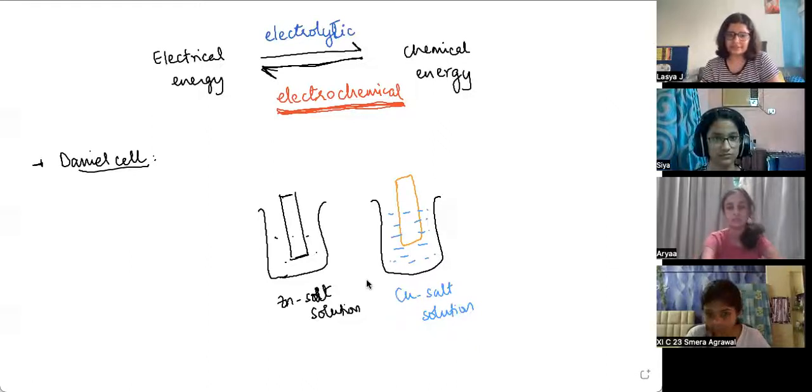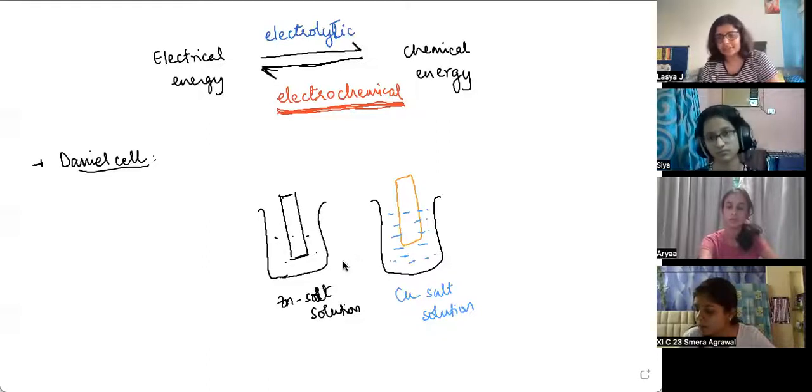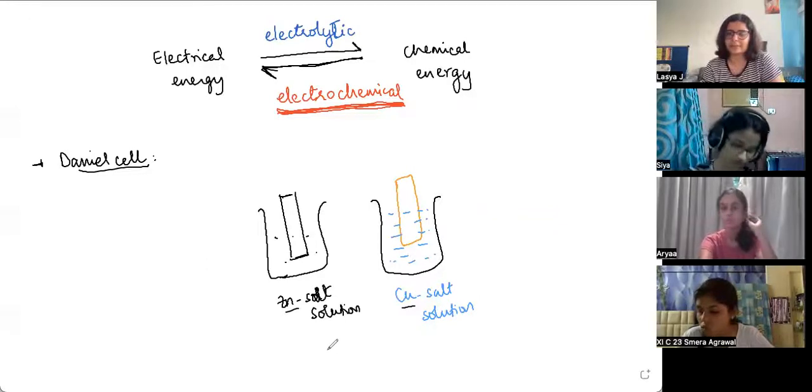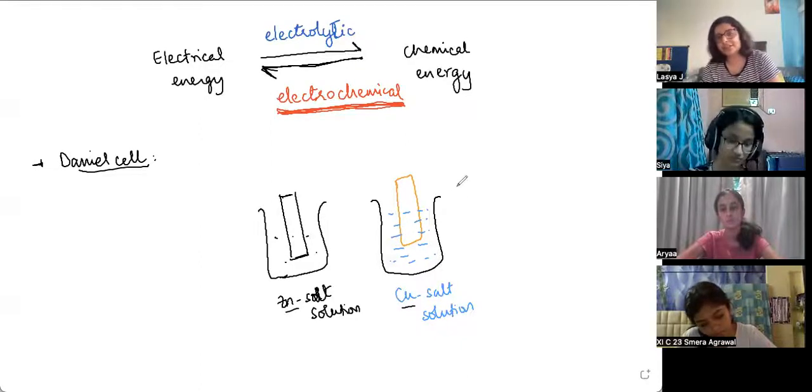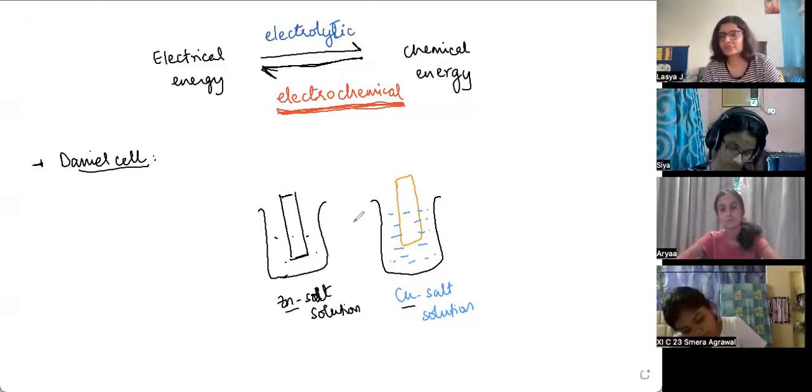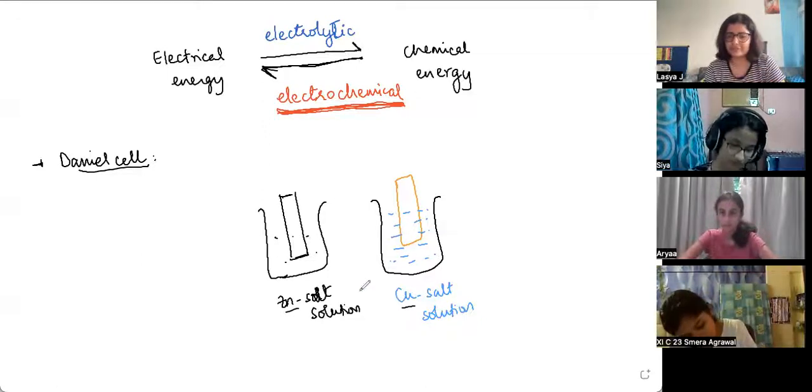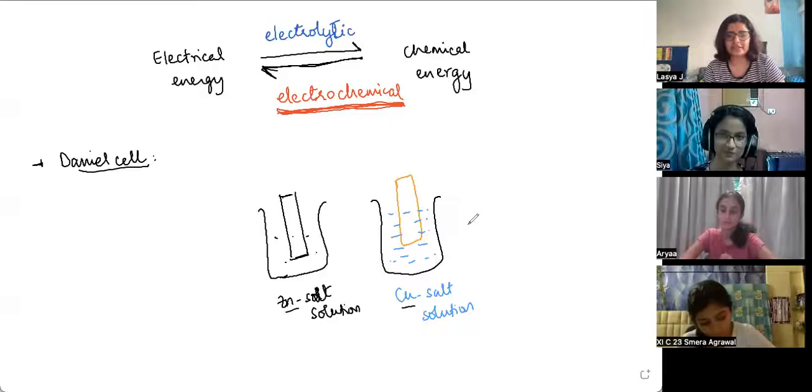A Daniell cell is specifically for the zinc and copper pairing. You use this sort of setup to study the oxidation potential, the reduction potential, which is more effective. So this setup is mainly for study and analysis that you do in the laboratory.